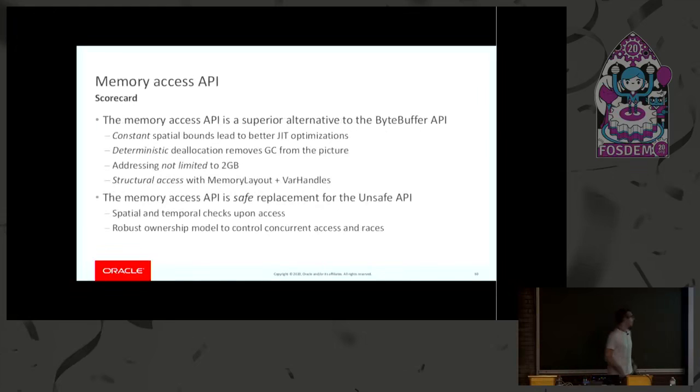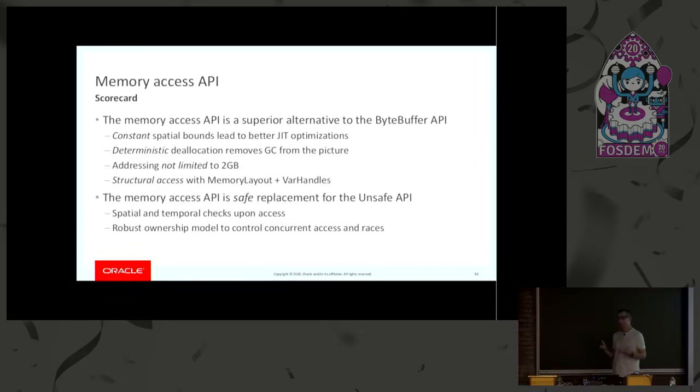So I think the memory access API is a great alternative to the ByteBuffer API, or a great complement. It is a fully immutable API, so it should lend over time to better JIT optimization. There is deterministic deallocation that you didn't have with ByteBuffer, and that makes quite a difference in terms of GC load.